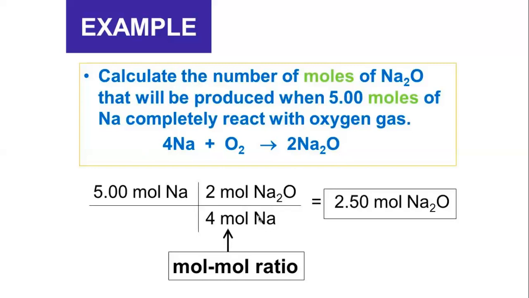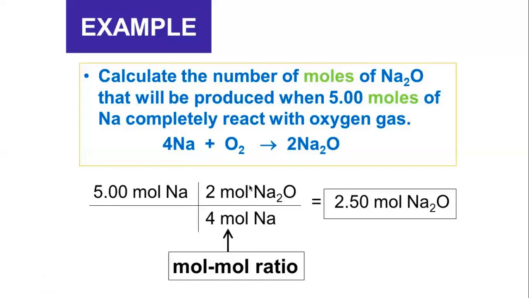And one way that you can know what to put at the top is to see what you are asked. The question is asking you for the number of moles of sodium oxide, so you're going to want to end with sodium oxide here.